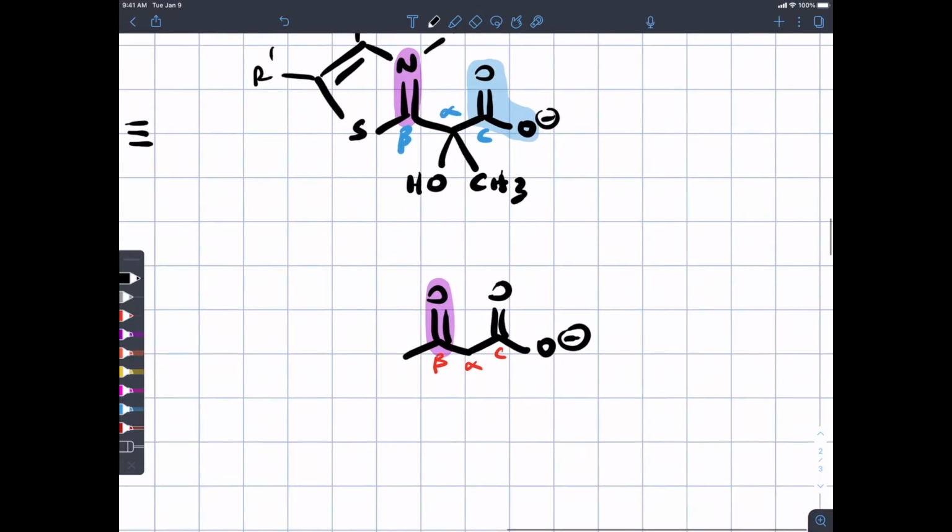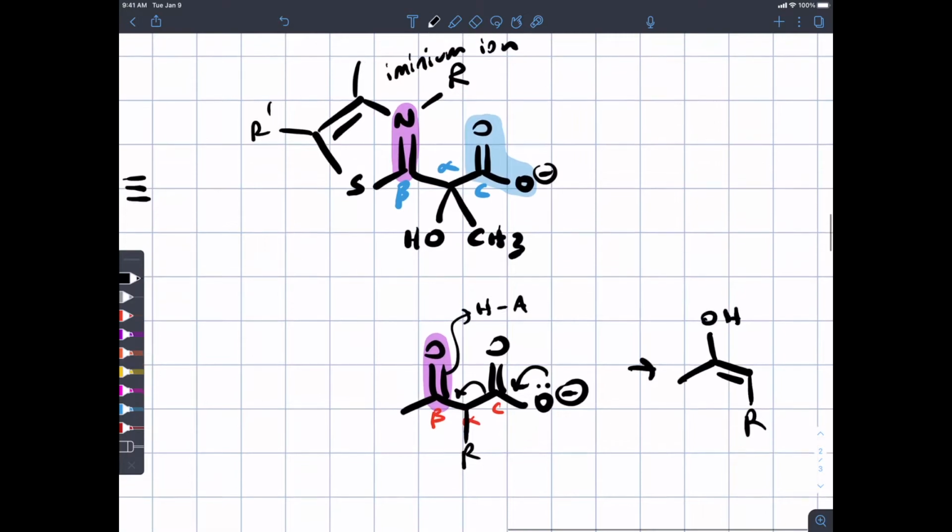Do you remember that when we do a decarboxylation reaction, we form an enol, and we get this kind of intermediate. And if there were some R group on the alpha carbon, it would end up there. Let's see whether we can do something similar with this carboxylate once we make this intermediate.